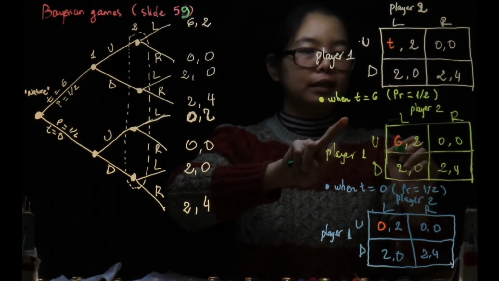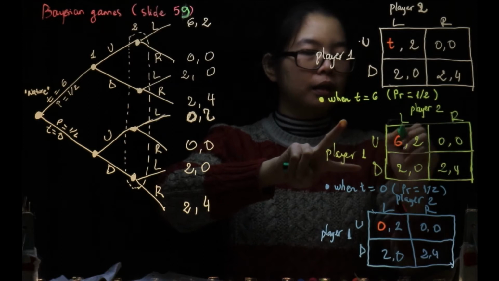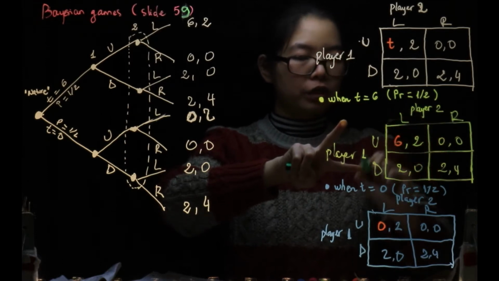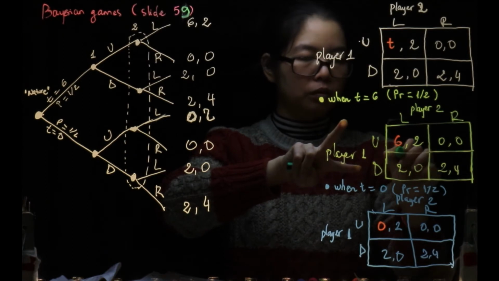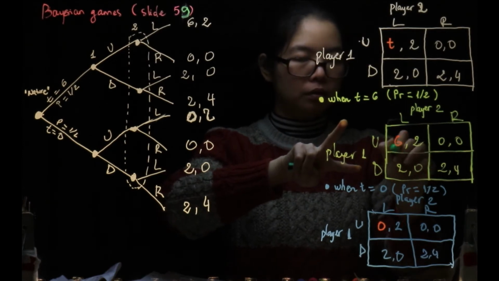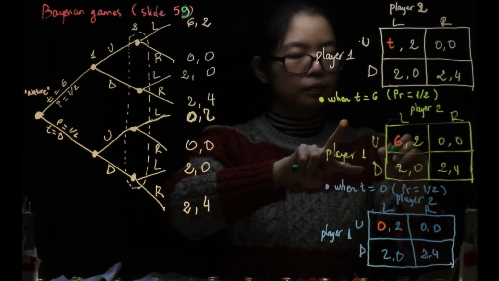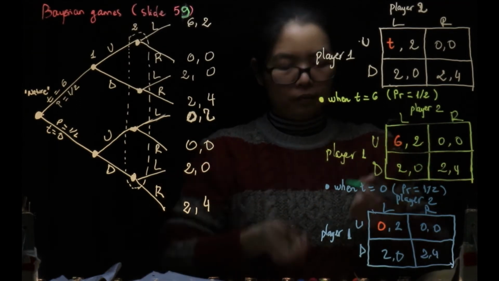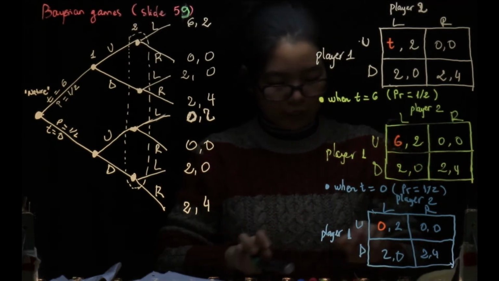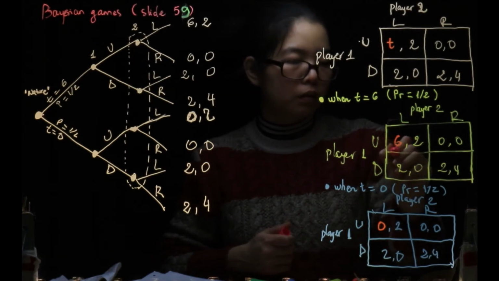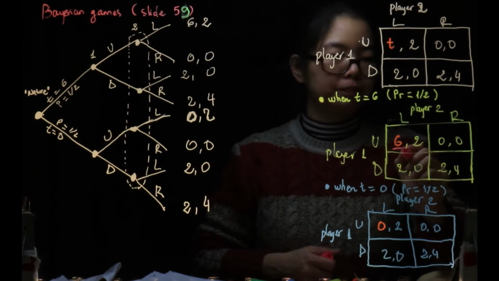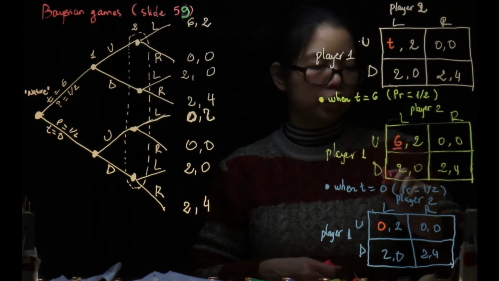So for the first step, we could just apply the underlining procedure again. When t equals 6, there are 2 places left, then the best response of player 1 is to play up, right? Okay, better, right? 6 is larger than 2.